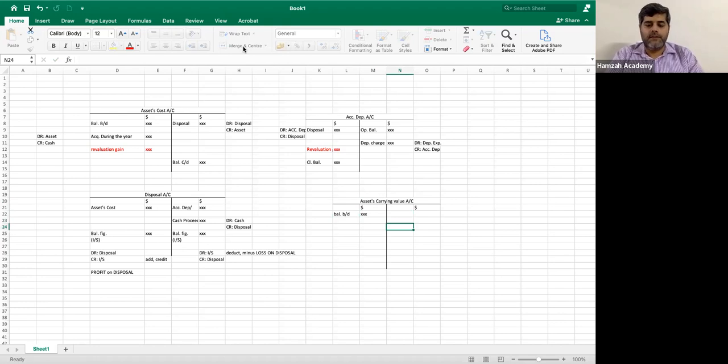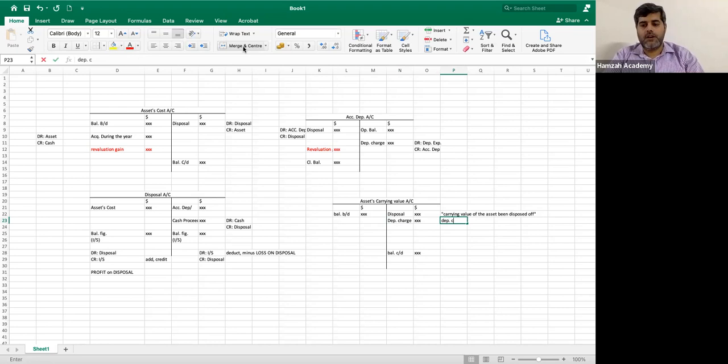We have the balance carried down, just like the cost account. Then the additional point, we have the disposal here, and this is going to be the carrying value of the asset being disposed of. Then we are going to have in the same account the depreciation charge for the year.